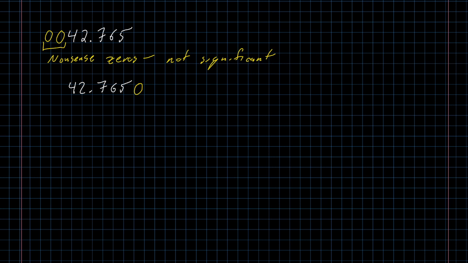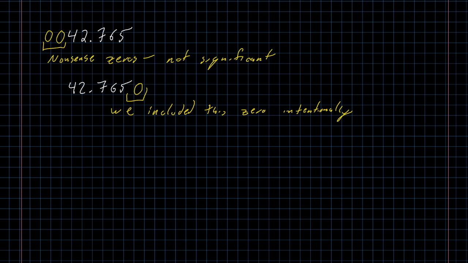Now, at the end of a number, again, that 0 isn't doing anything, but you do sometimes see that. We included a 0 at the end of a number after a decimal point intentionally in a place where we didn't need it. Why did we do that?